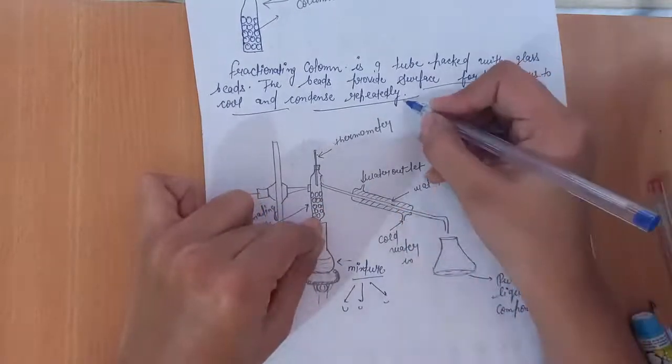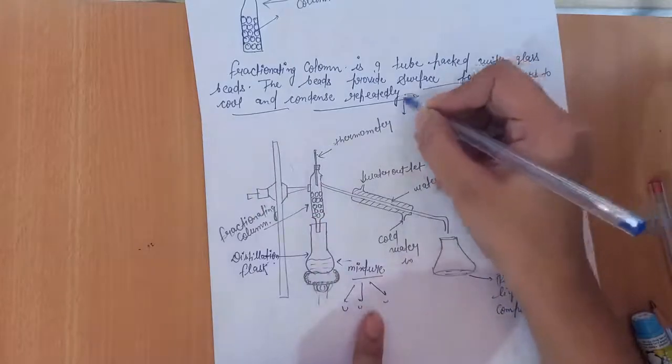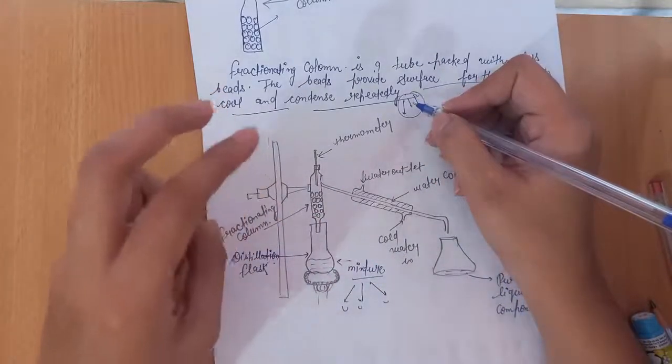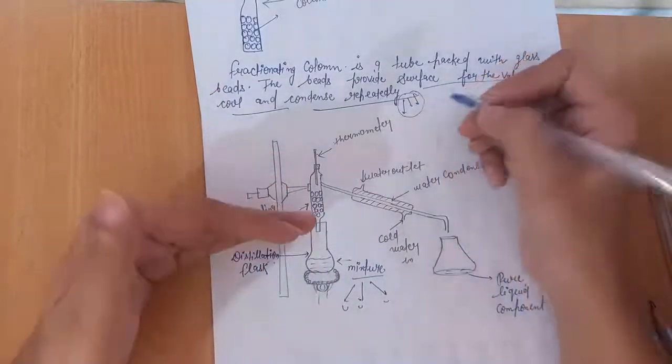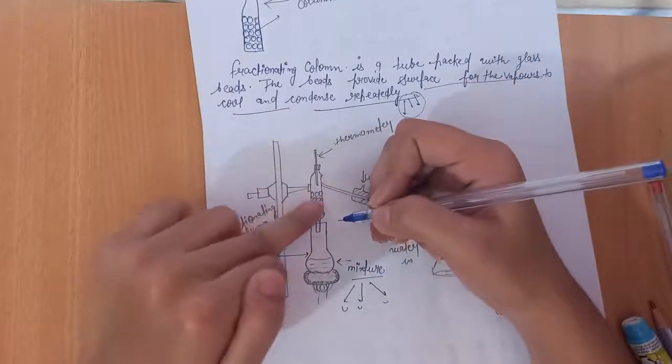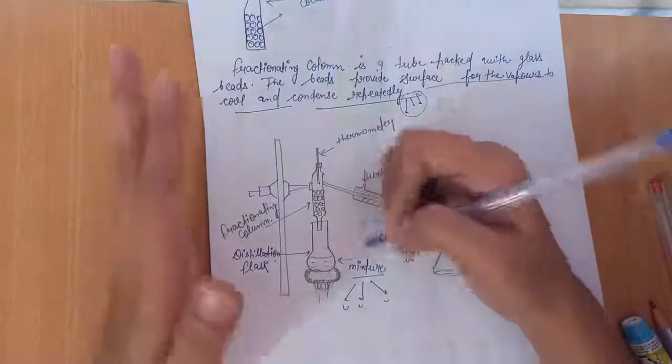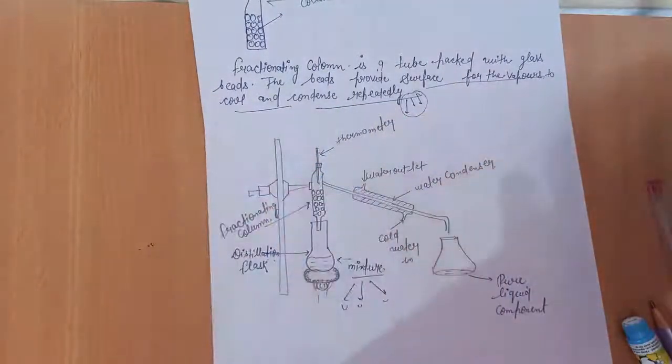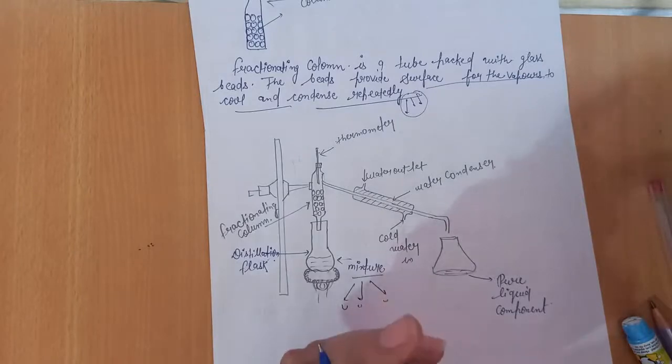Repeatedly means that if 3 components are present, the vapors of 2 or 3 components get condensed because of the beads in this fractionating column. Condensation means the conversion of vapor into the liquid phase.